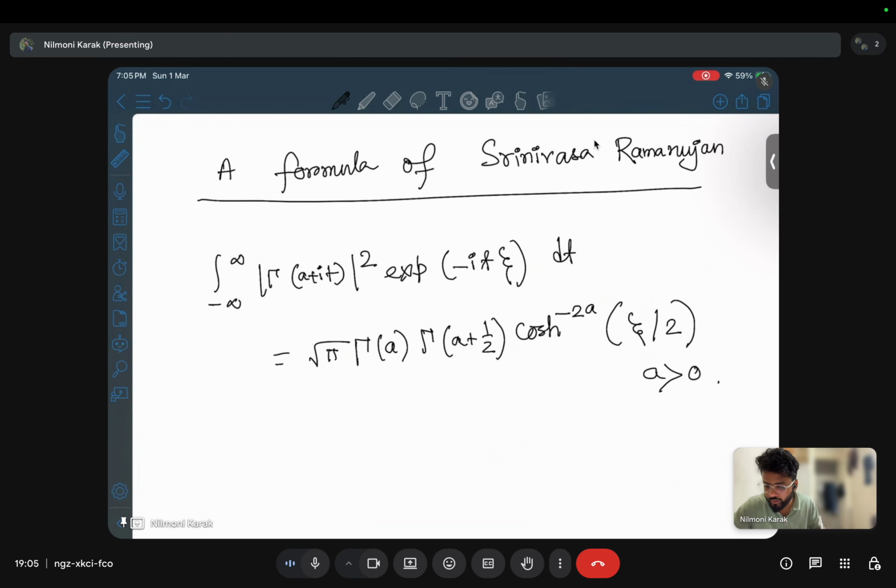So using Stirling's formula for the gamma function, gamma square we can write as gamma(a plus it) times gamma(a minus it), and then using the beta function we will estimate this integral. Finally we can find this, using the duplication formula for the gamma function.